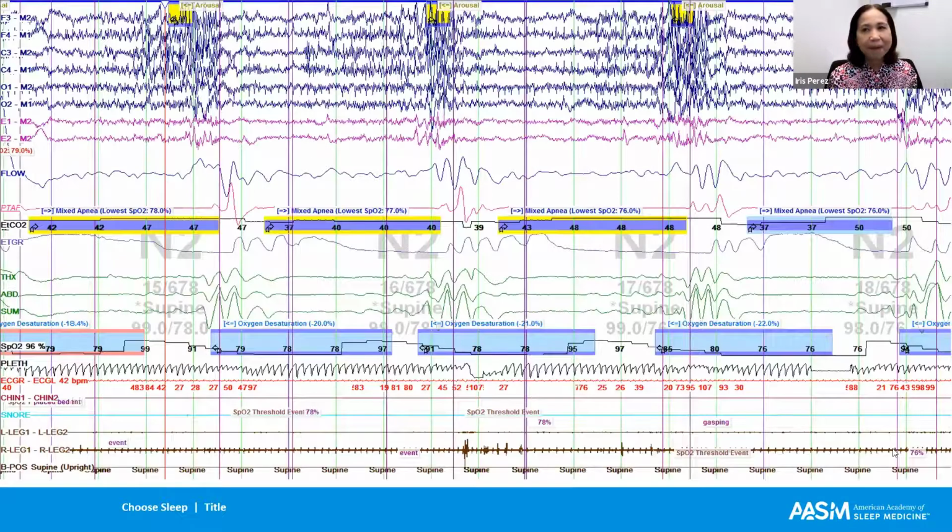Pediatric obstructive sleep apnea is characterized by intermittent and prolonged complete or partial obstructions during sleep that result in gas exchange abnormalities, hypoxemia, as seen here in this slide, and/or hypercapnia, as seen here with a CO2 retention of 50, and associated with sleep disruption.